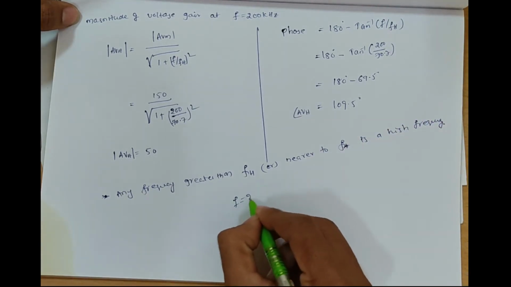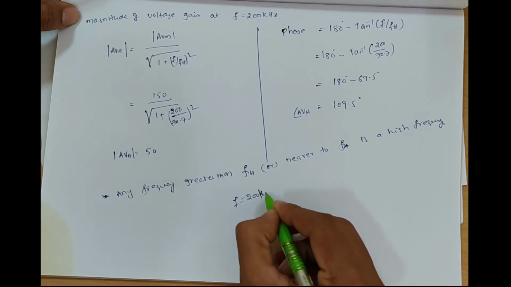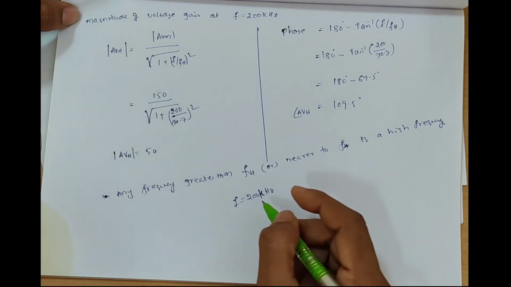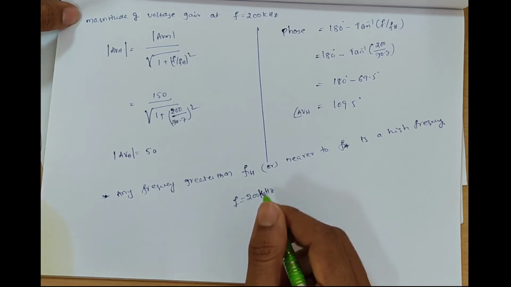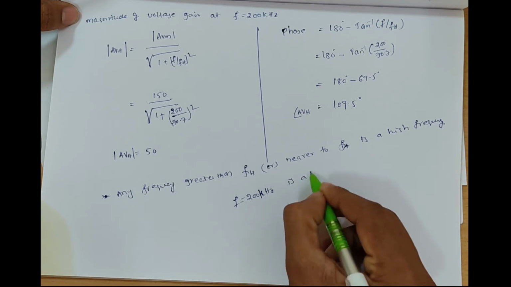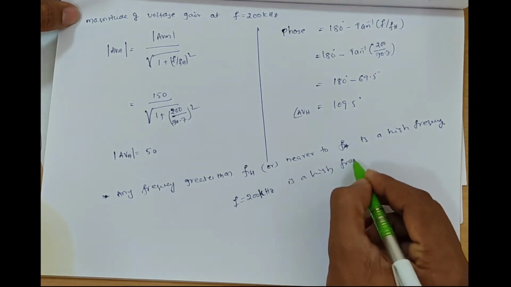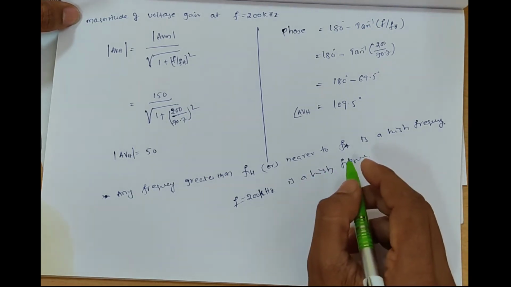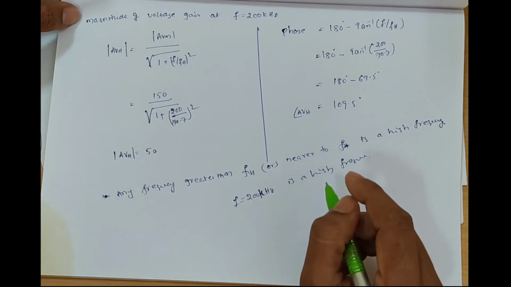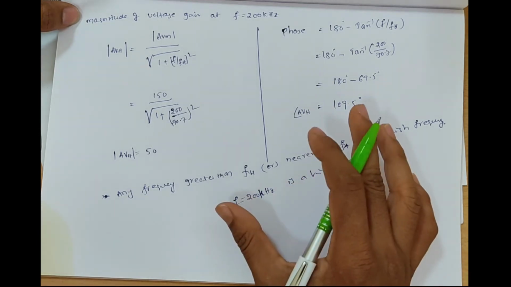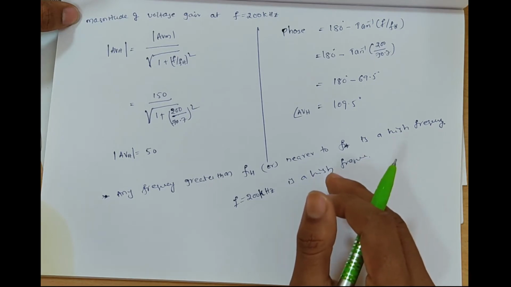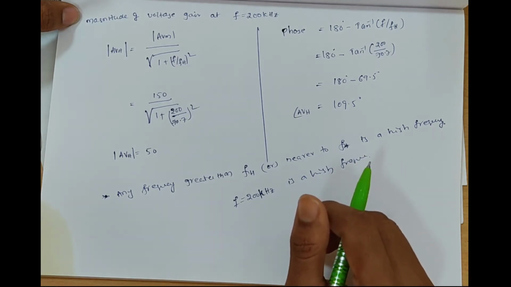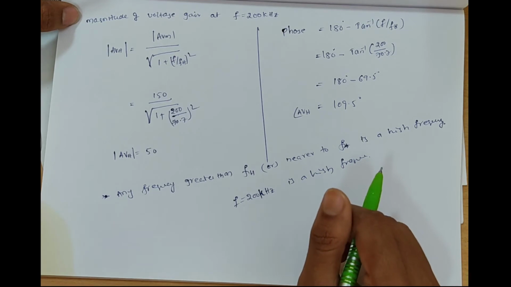Here F equals 200 kilohertz, so it is a high frequency. In this way, we can calculate the high frequency voltage gain of the RC coupled CE amplifier, and we analyze this voltage gain and its phase at high frequencies.